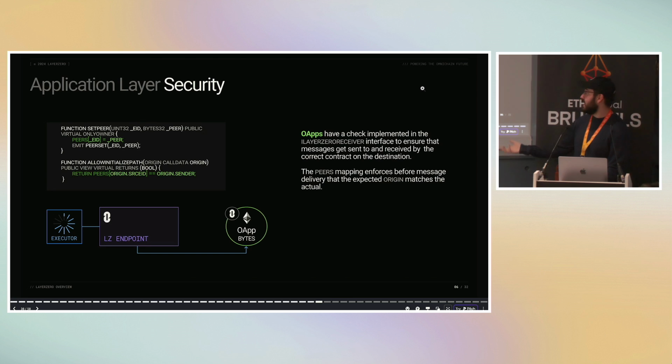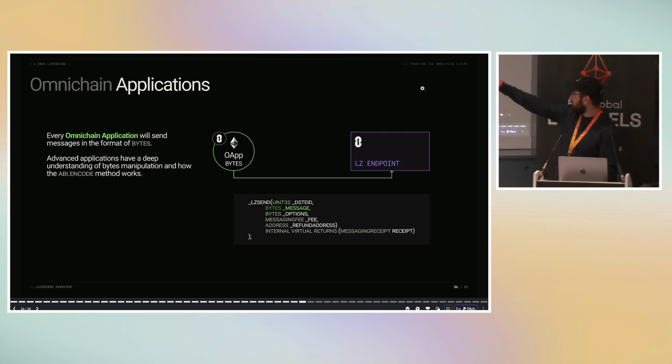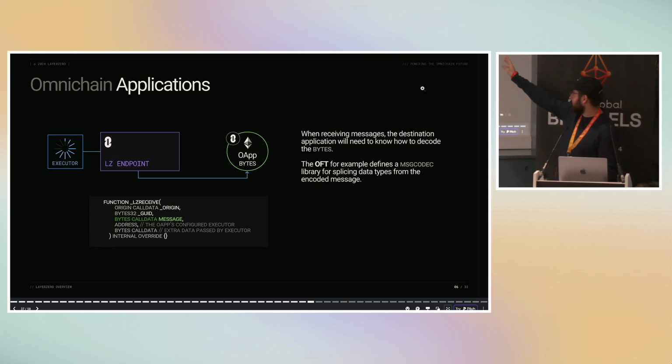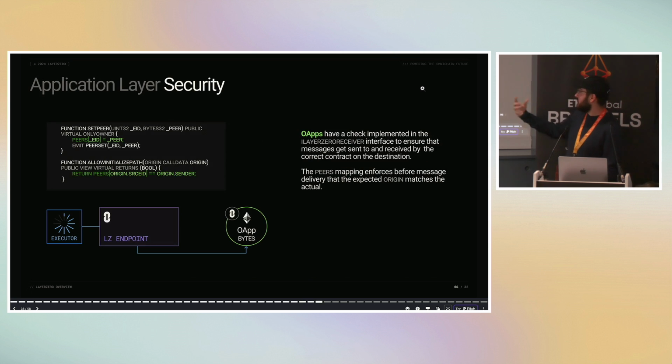And finally, within the app, there's a final little piece of application layer security. Each application sets a peer address for that pathway. So you can see here on the send side, we select this destination endpoint that we want to deliver to. And what this peer is doing is saying within my application, from this endpoint ID, I want to ensure that this is the address that's sending the message.